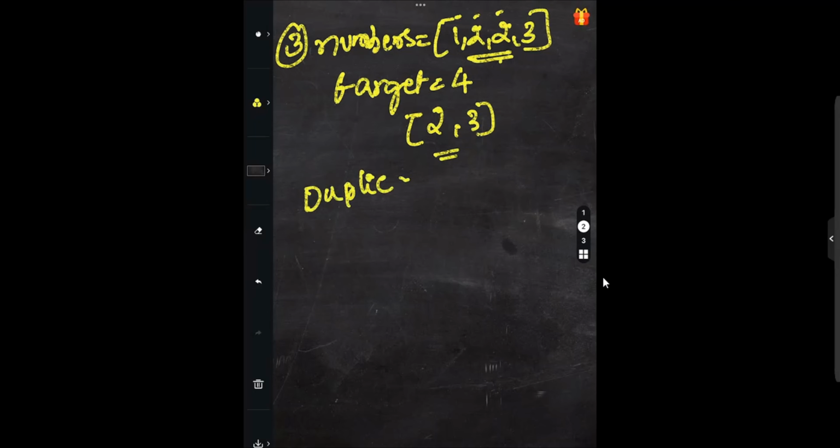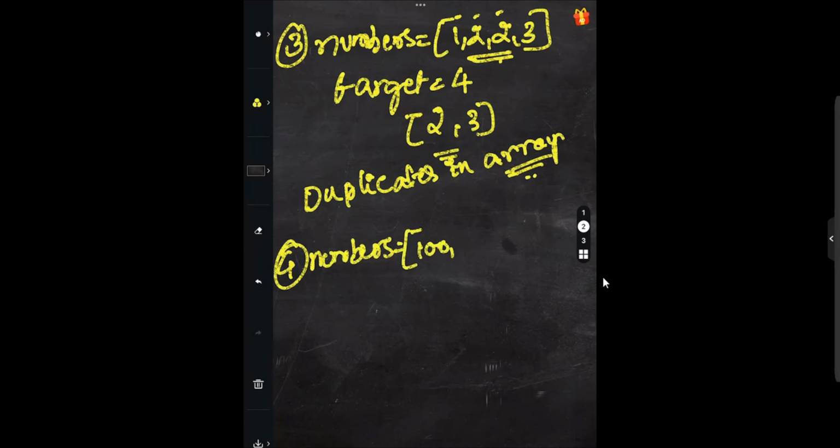Duplicates in array. Finally, we will discuss the array with large numbers. This is the last edge case.